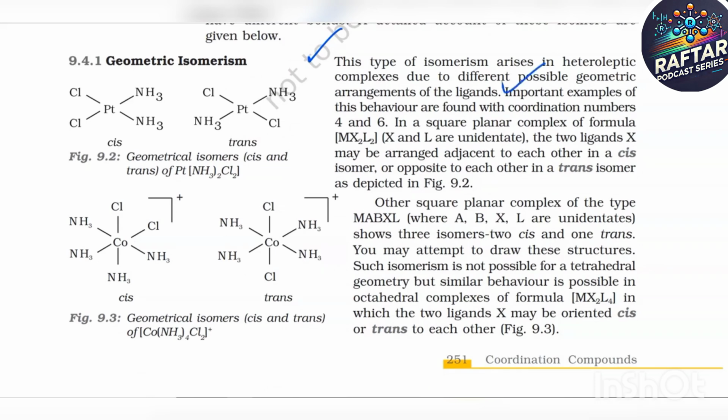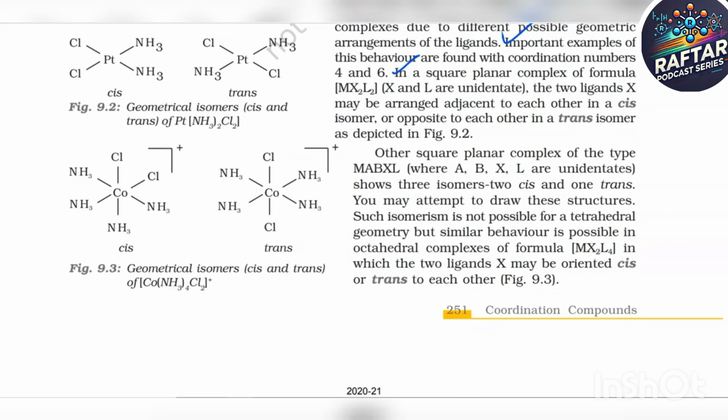The two ligands X may be arranged adjacent to each other in a cis isomer, or opposite to each other in a trans isomer, as depicted in figure 5.2. Other square planar complexes of the type MABXL, where A, B, X, L are unidentate, show three isomers, two cis and one trans. You may attempt to draw this structure. Such isomerism is not possible for a tetrahedral geometry.